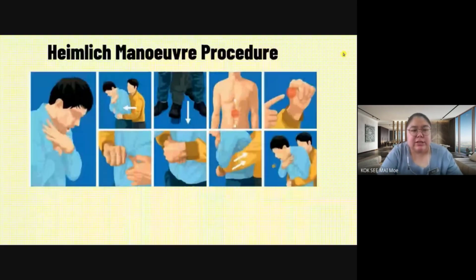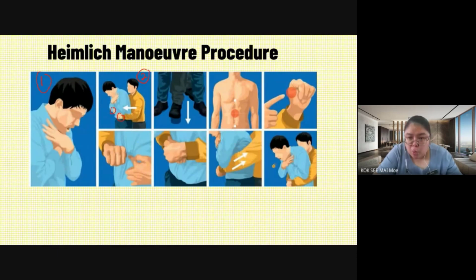Here they show you the steps. First, you see the person like this, using the hand to hold the neck. The person you want to help, you must go behind. Step 2, you must go behind. Then you see your hand starting to hold the victim. First, you get the victim to bend down a bit.